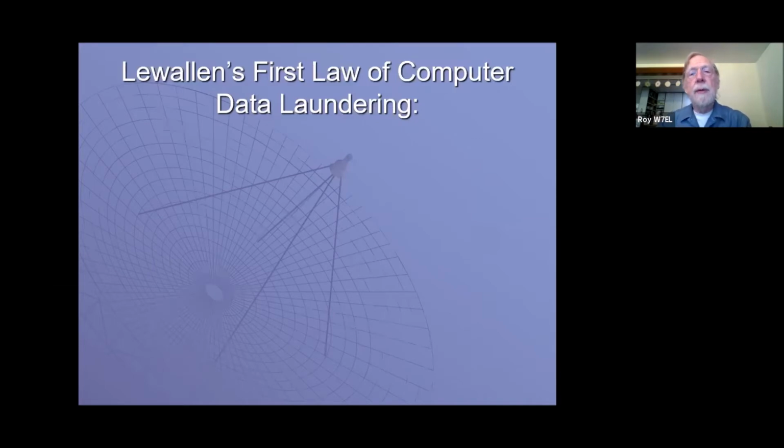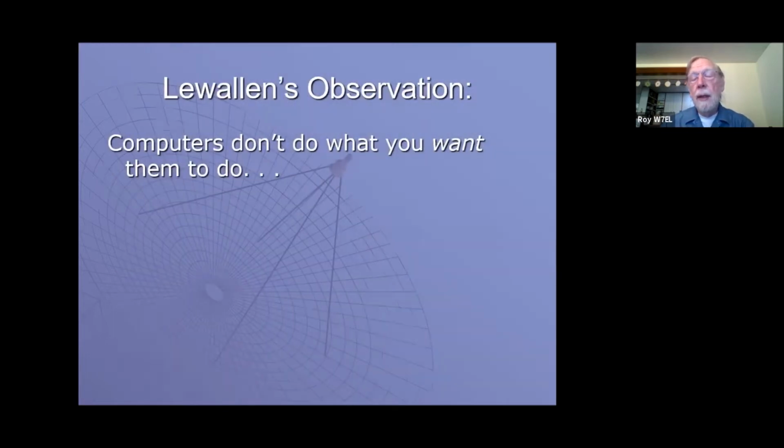So let's start with the first law of computer data laundering. And that is garbage in, garbage out, gospel out. People do that. They put the numbers in the program, and then what comes out is supposedly gospel, and they believe it. And certainly the output is not really any better than the information you put in.